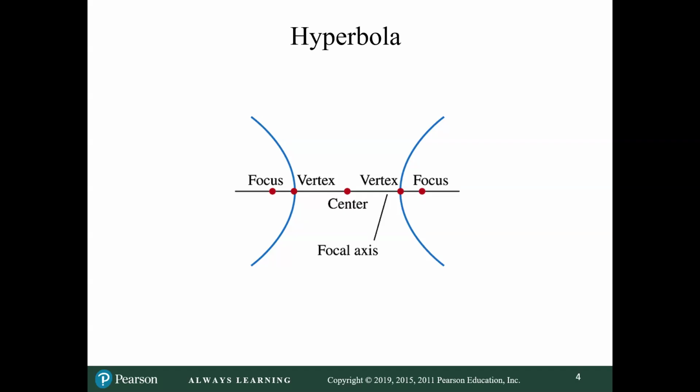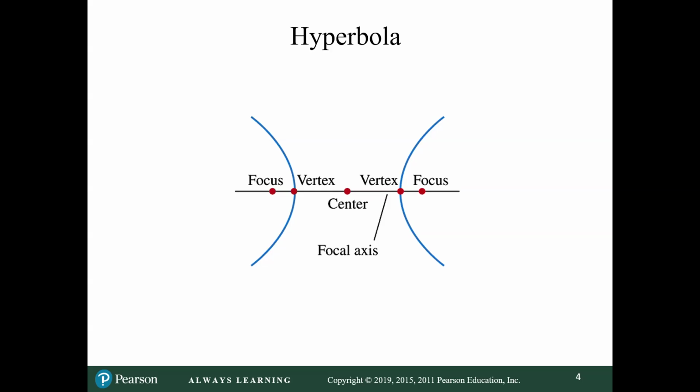There's a center point, and then there's two vertices. This is called the focal axis because the foci are on the focal axis. So there are hyperbolas that wrap around a focus, and they're the same. Everything is a mirror image of itself.